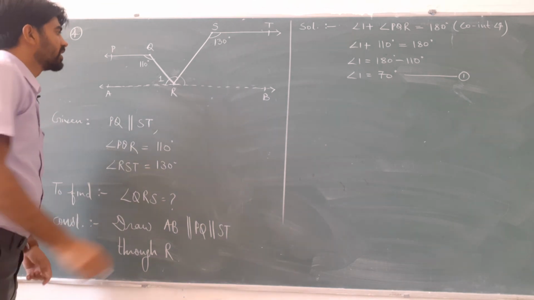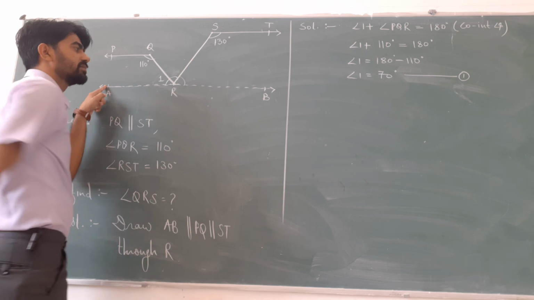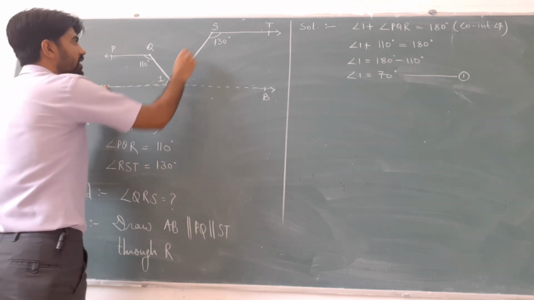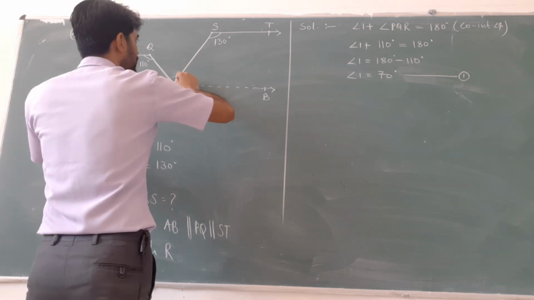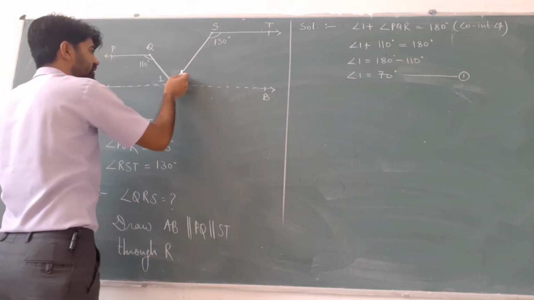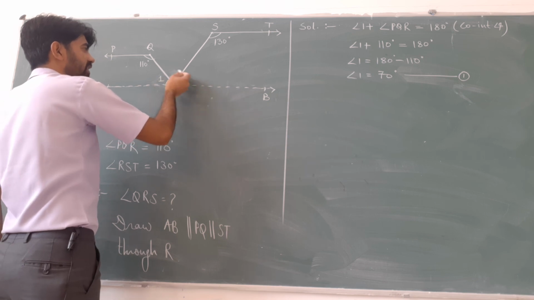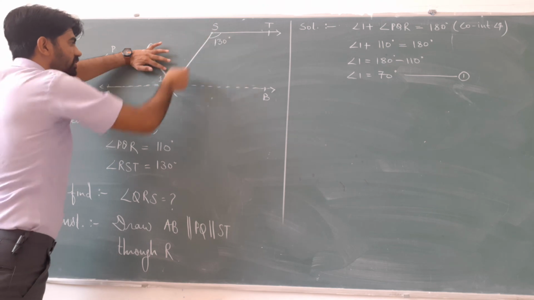Now, if I take this complete angle ARS and this complete angle RST, so this angle is alternate interior of this. Forget these. Only this will be transversal.